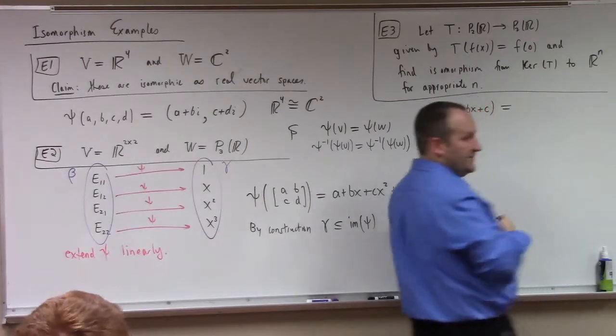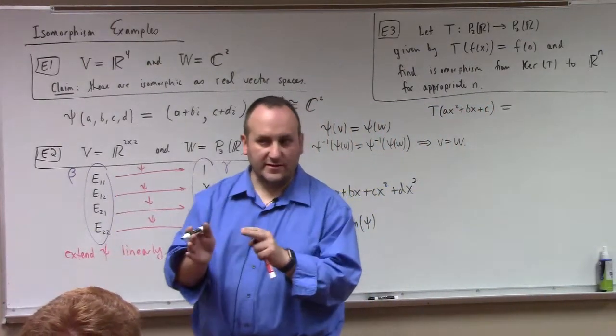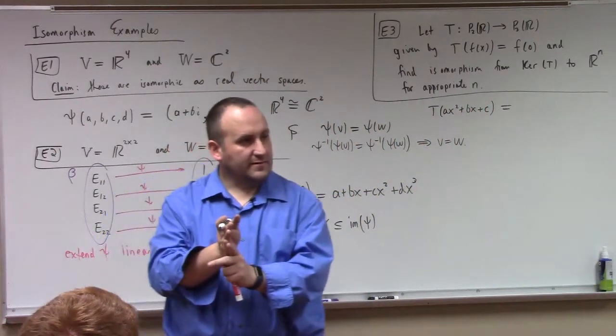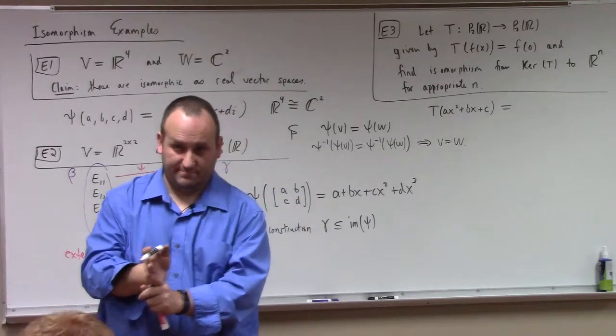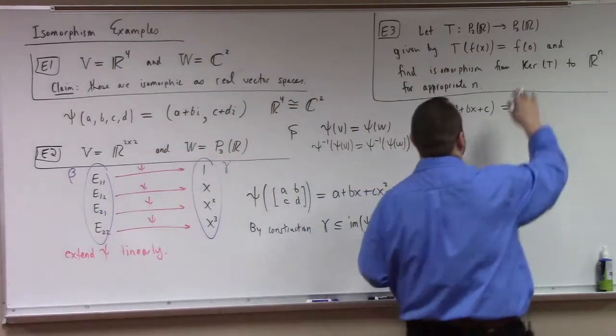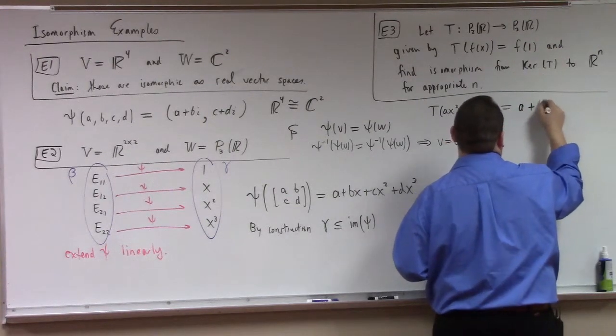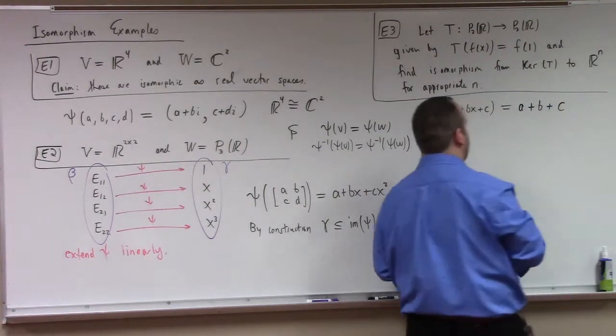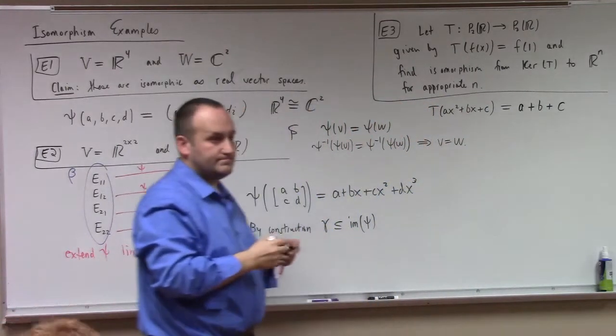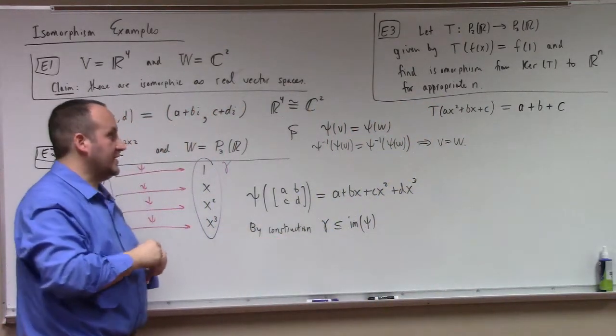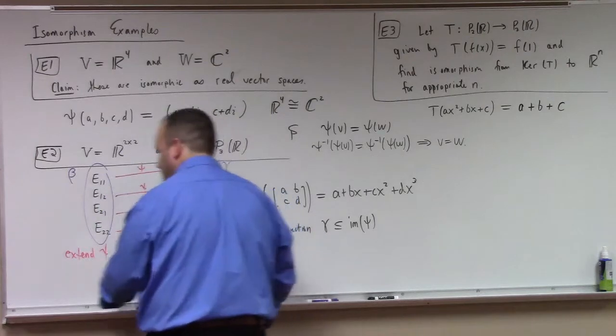Let me make this just slightly uglier. Instead of putting f of 0 there, let me put f of 1. Because then this will give us a plus b plus c. So what's the kernel then? What's the kernel?